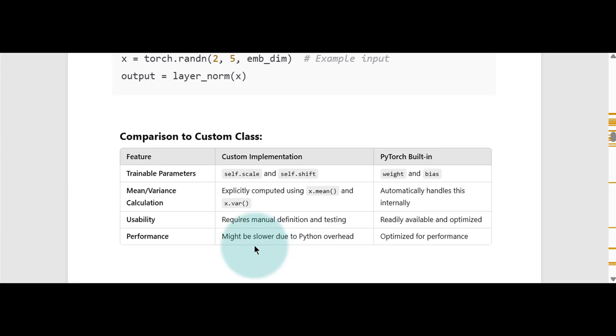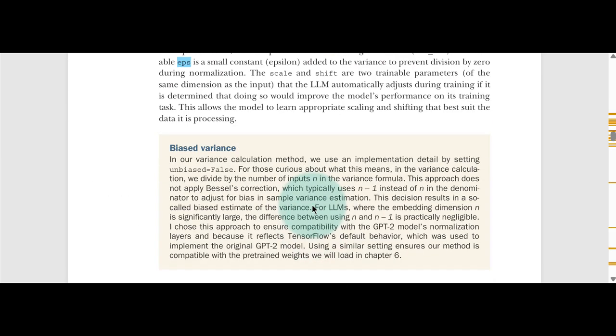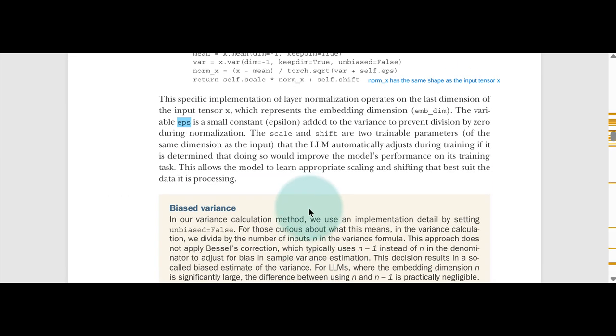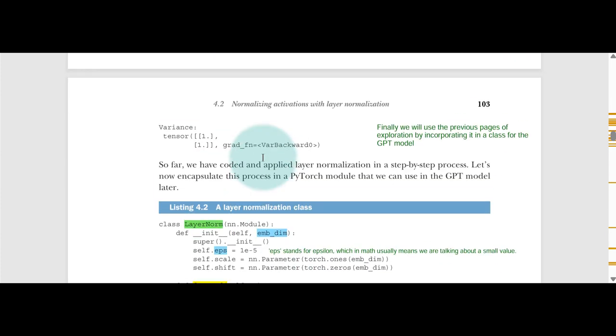In terms of performance, his is obviously going to be slower than what they do in PyTorch, where they can build things in C. And then a couple other comparisons here. So let's not get stuck in this anymore. You can go through this yourself.